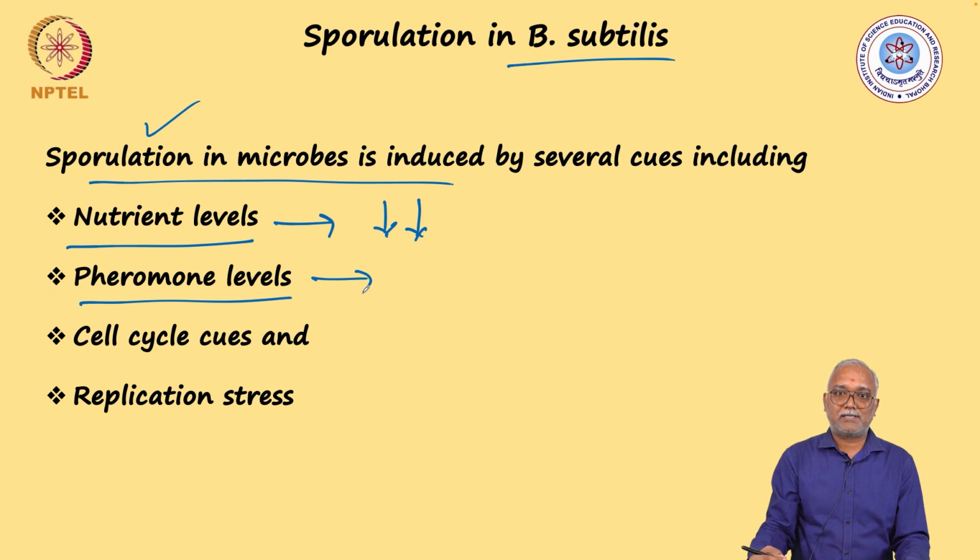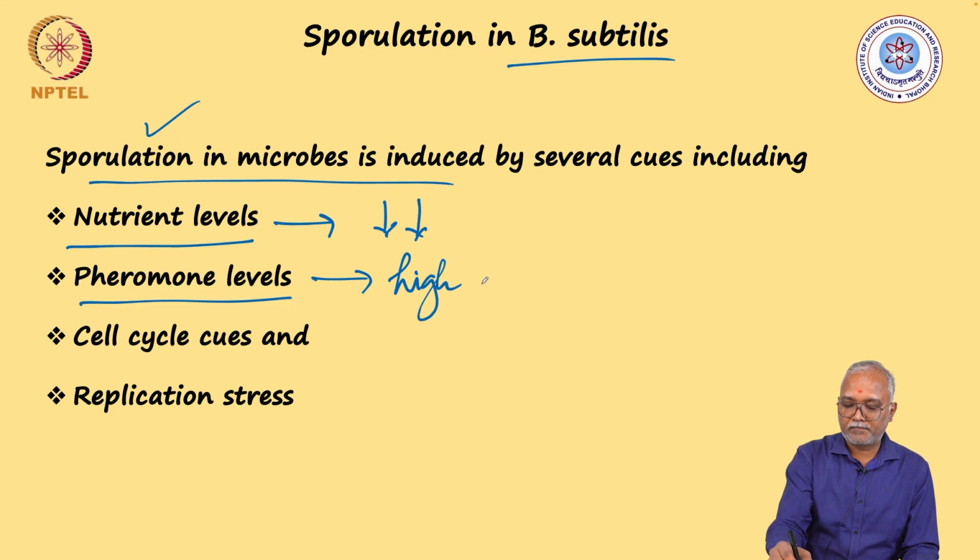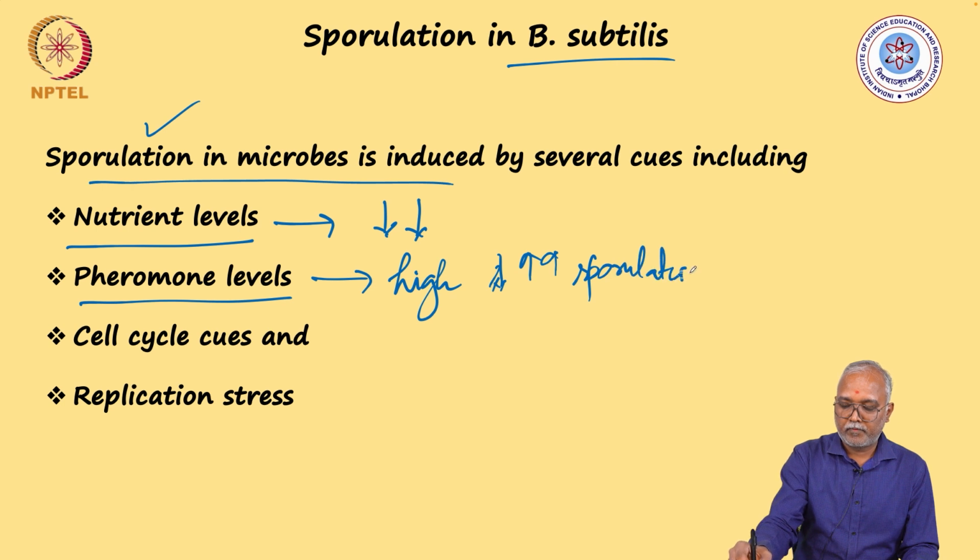If more bacteria are in the surrounding, they will release more of these components, and that will be sensed by bacteria. So if more bacteria are around, which means that there is less nutrition available because of the high consumption, high pheromone levels mean high chances of sporulation. Low nutrient levels, high chances of sporulation.